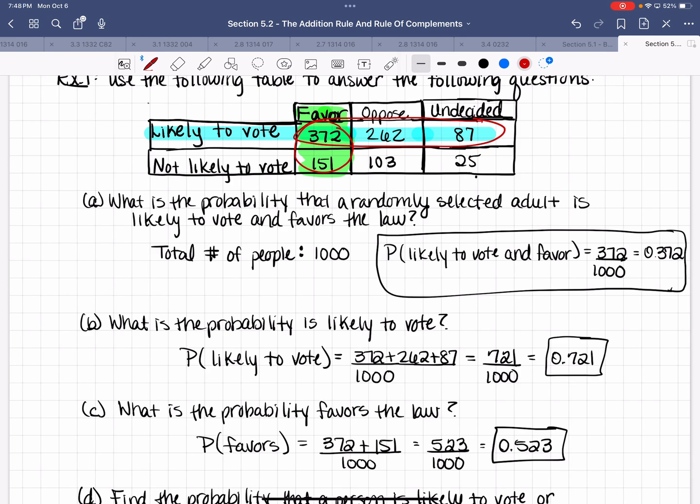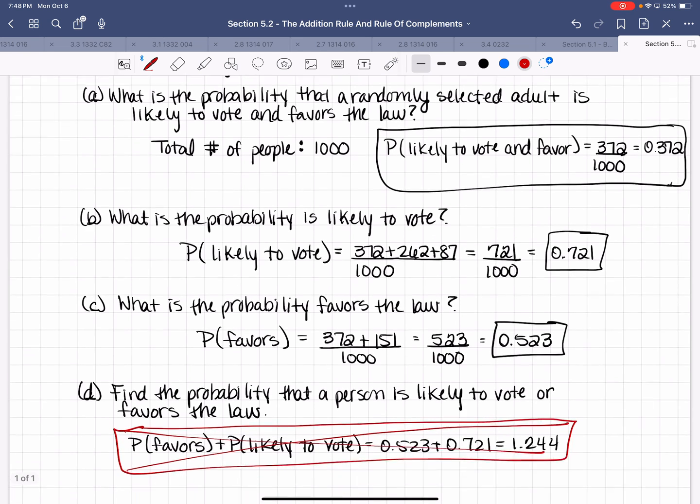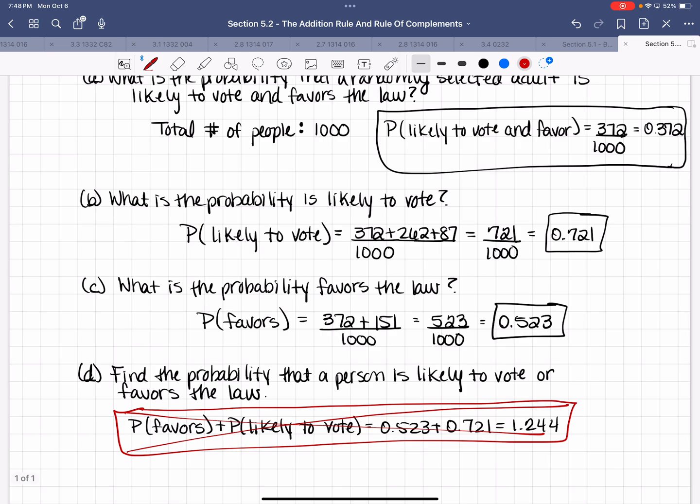I counted that 372 two times because they're actually a favor and a likely to vote. And if we just add the probabilities like that, you've counted those 372 people twice. You counted them in the likely to vote, and then you counted them in the favors, because they are likely to vote and favors people.